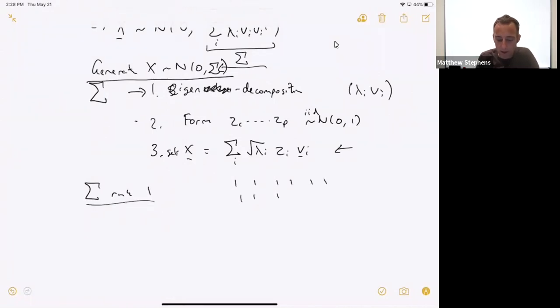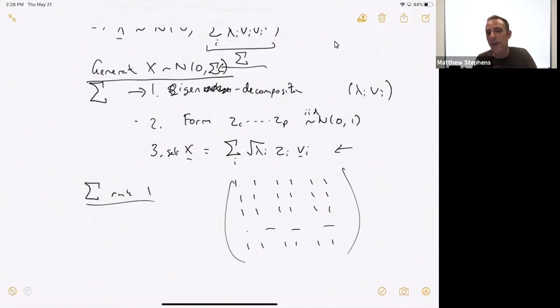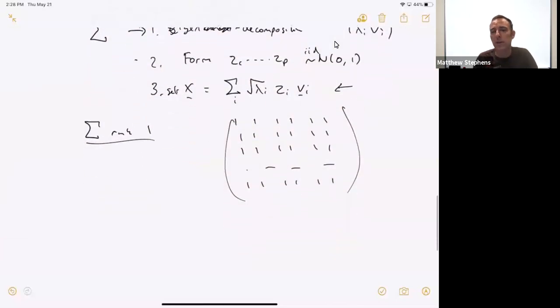Let's take sigma to be the matrix of all ones, whatever dimension you like. I've drawn it here in 6 dimensions, but you could think of it in 10 or 100 dimensions. You can see all the columns are the same, all the rows are the same. So it's rank 1 and symmetric.